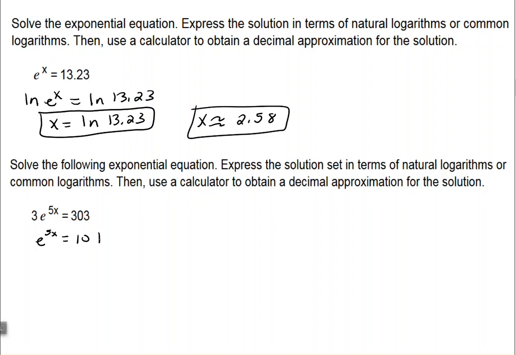And then we want to get the variable x out of the exponent area. So we're going to take the natural log of both sides because, again, the natural log and e are inverses of each other.